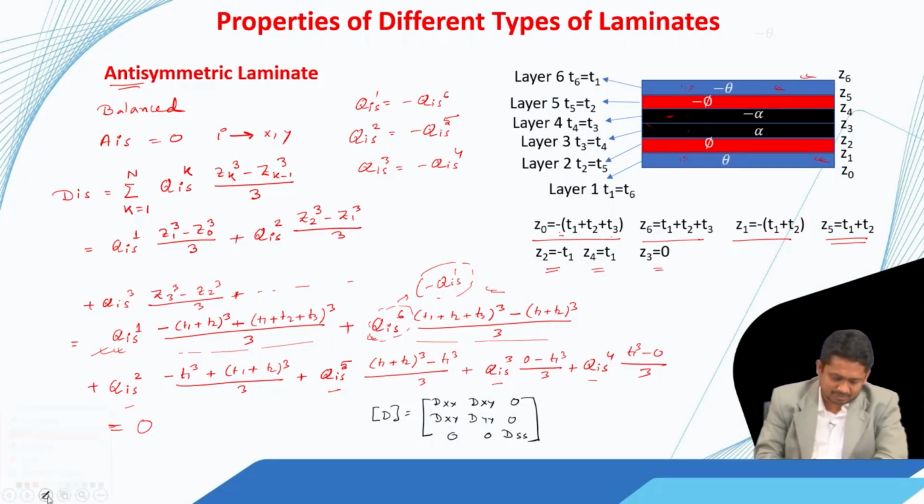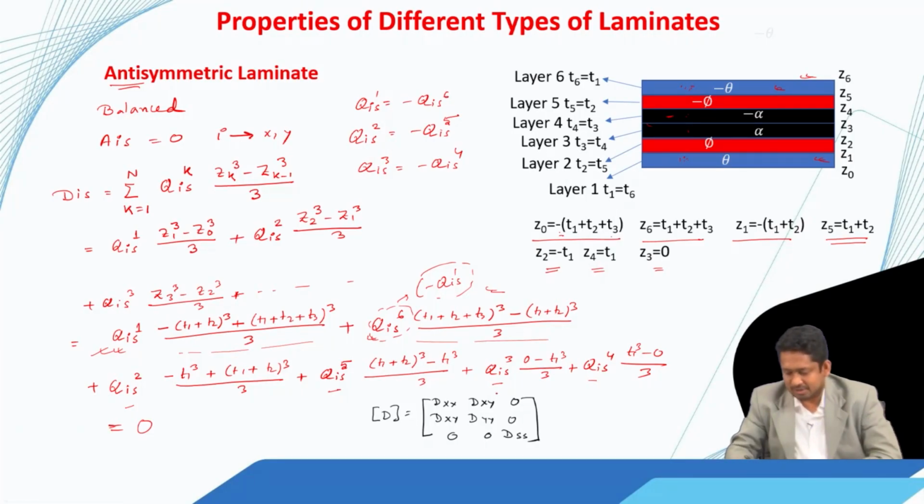Again, because the other components of Q, Qxx, Qxy, Qyy, Qss, they do not change their sign when theta goes from plus to minus. So, because of that, the corresponding quantities in the D matrix, dxx, dxy, dyy, dss, they do not become 0, rather their contributions get added up.